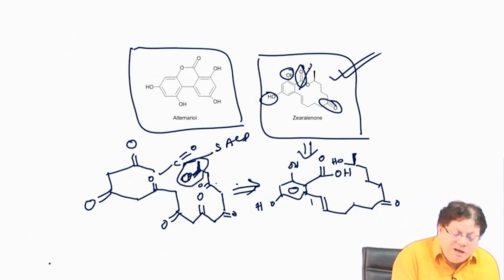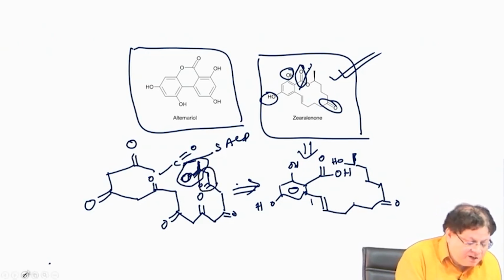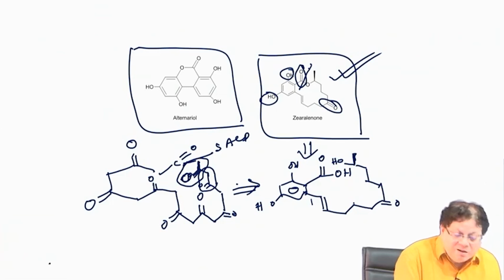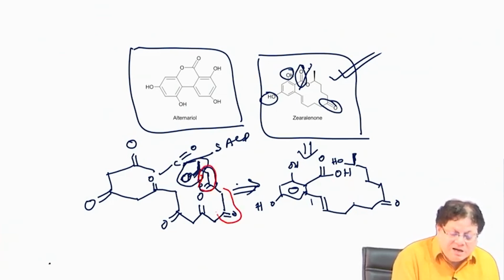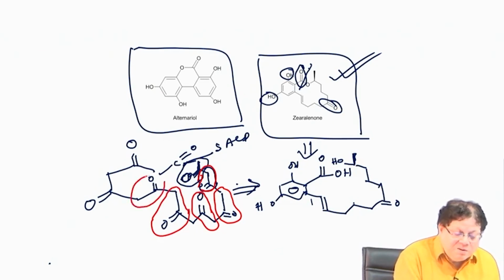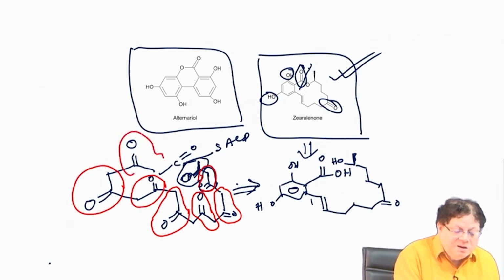Then you have how many extension units? This is 1. Maybe take another color, I think that will be better. So, this is one extension unit, this is the second one, this is the third one, this is the fourth one, this is the fifth one, this is the sixth one, and this is the seventh.